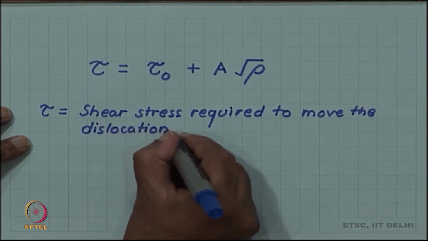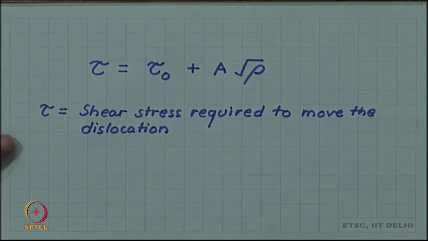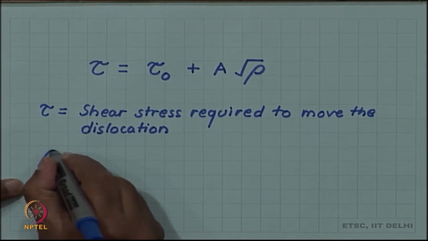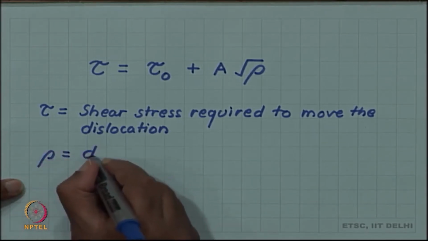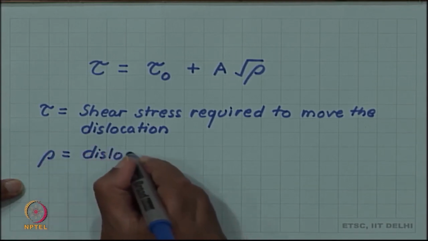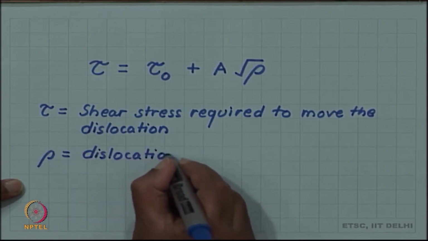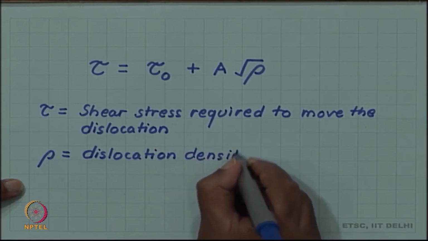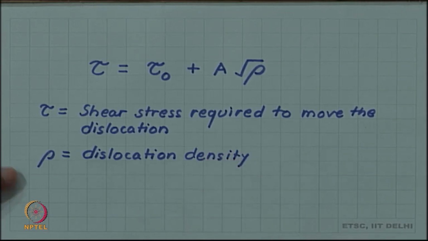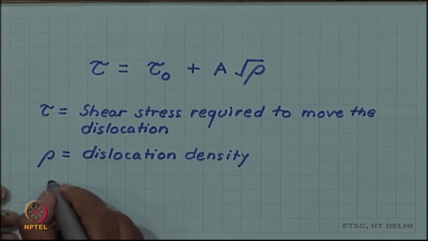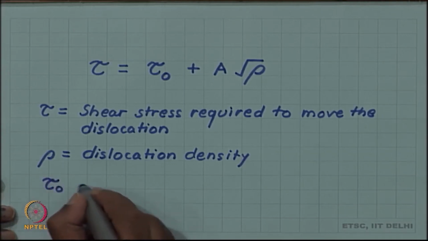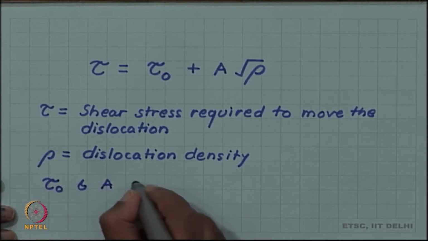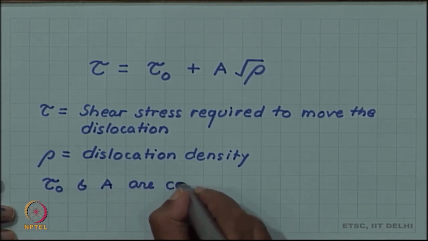So, that is the critical resolved shear stress which initiates the dislocation motion. Rho is the dislocation density, and tau naught and A are constants.